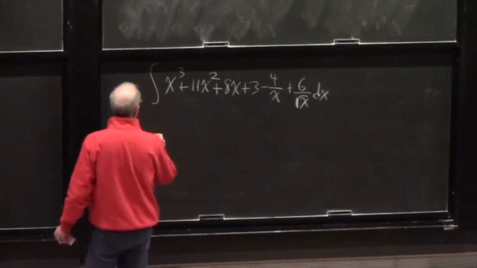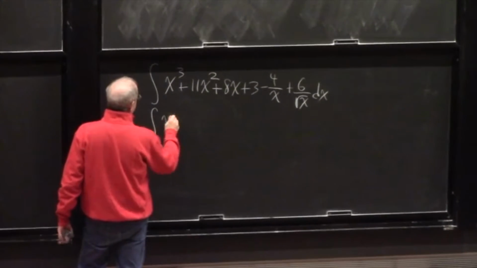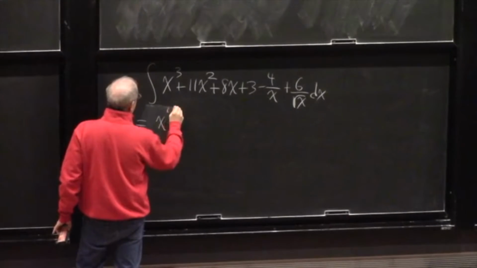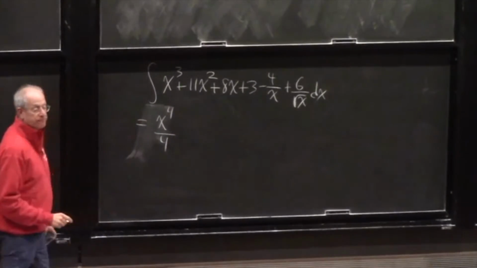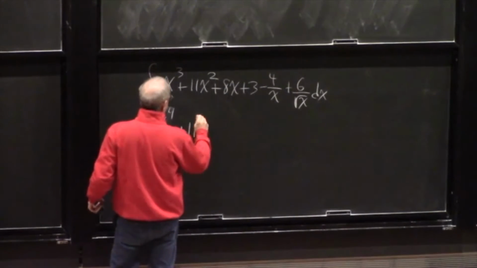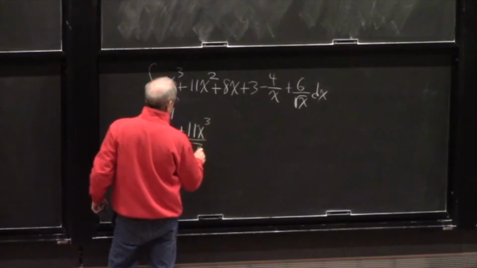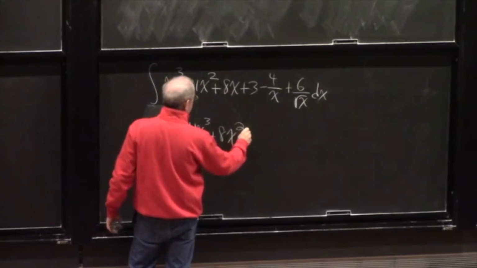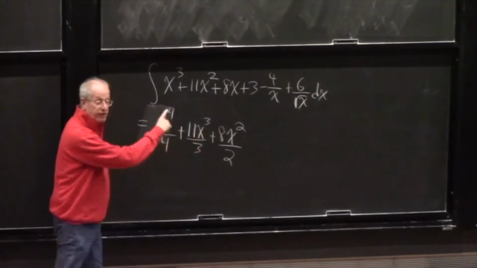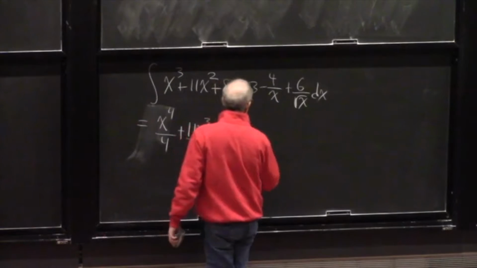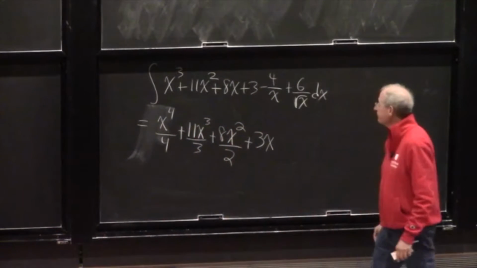So some of these are easier than others. Integral of x to the 3rd is x to the 4th over 4. And for x squared, it's x to the 3rd over 3. And then for 8x, it's x to the 2 over 2, which you could simplify to 4x squared plus 3 times x.